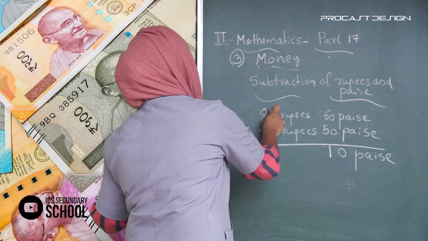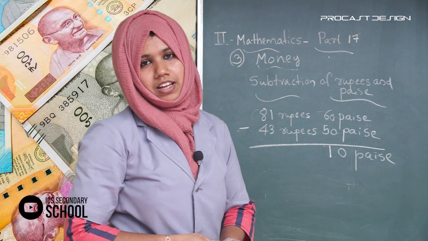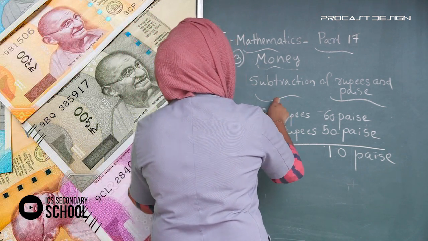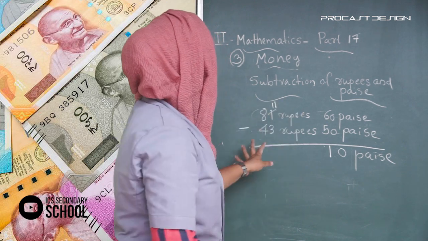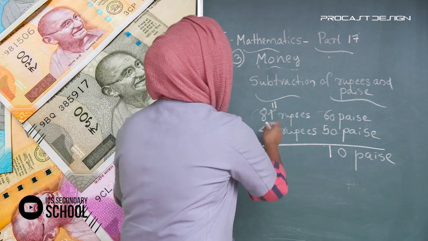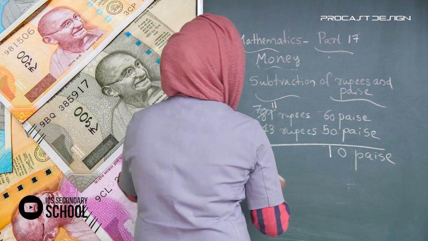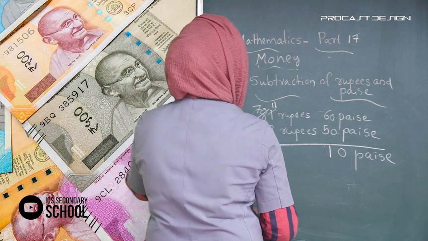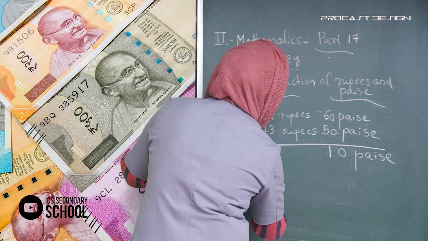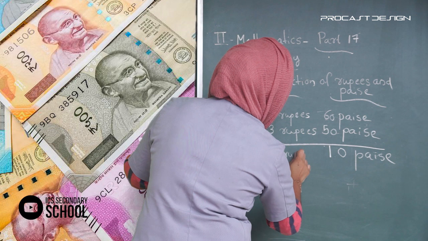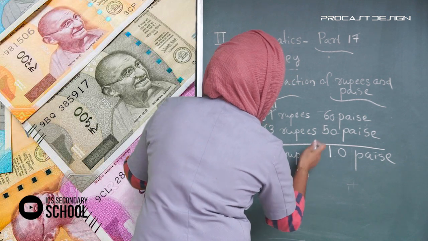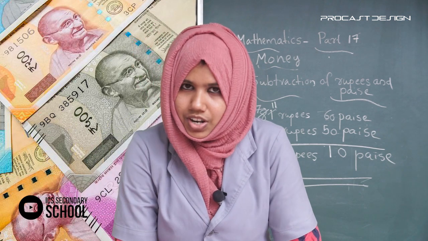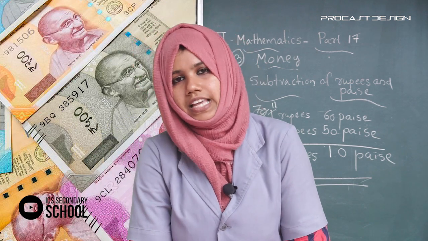And 1 minus 3, we cannot subtract 3 from 1, so we borrow 1 from here, it becomes 11. 11 minus 3 is 8, and 7 minus 4 is 3. Okay, you understood? So this is the subtraction of rupees and paise.